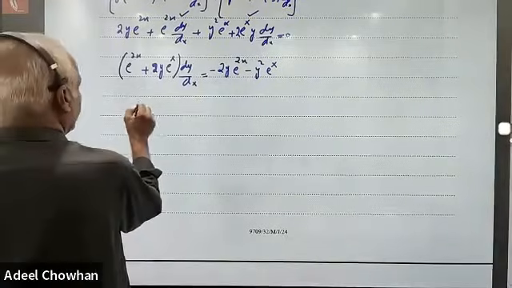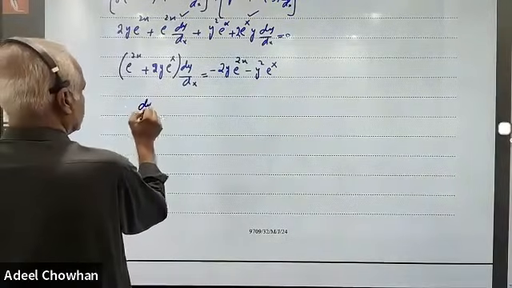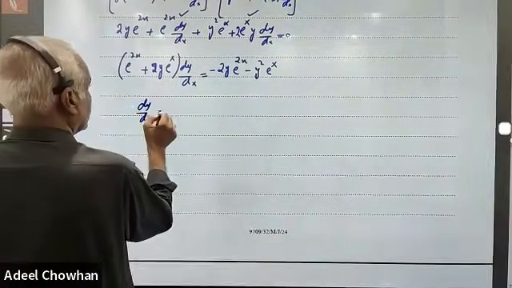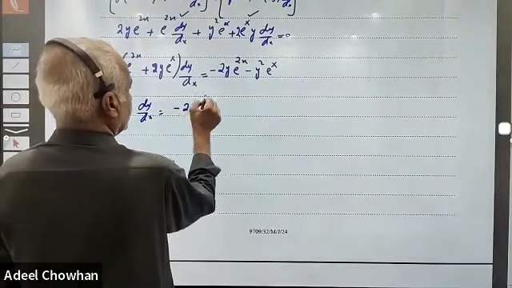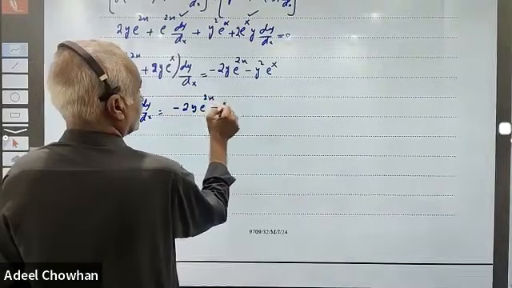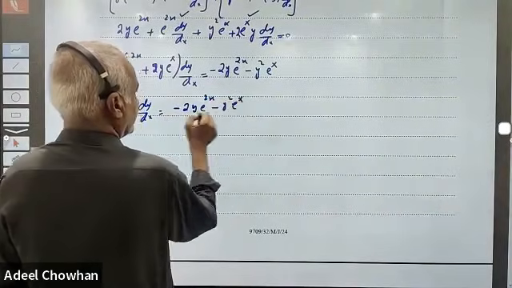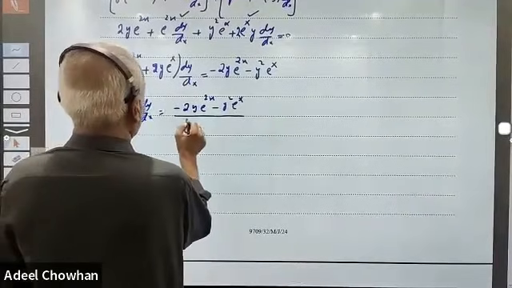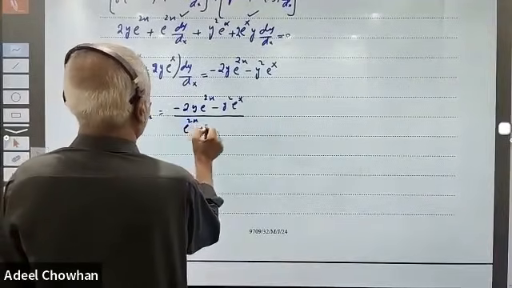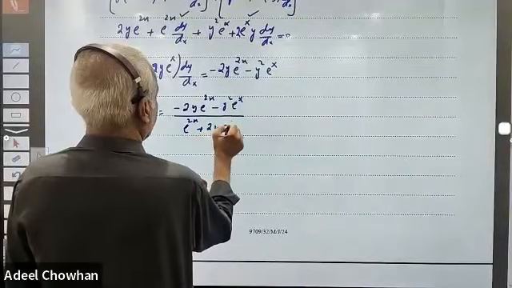So dy by dx is equal to minus 2y e power 2x minus y square e power x over e power 2x plus 2y e power x.